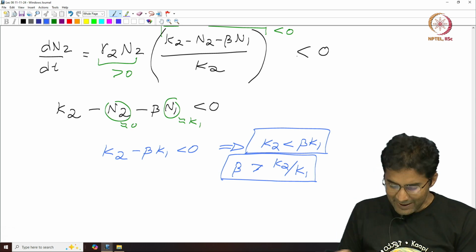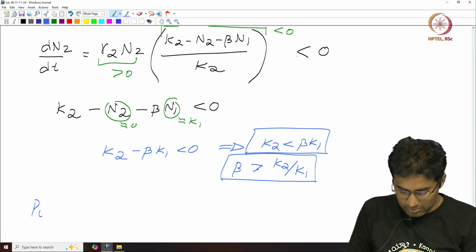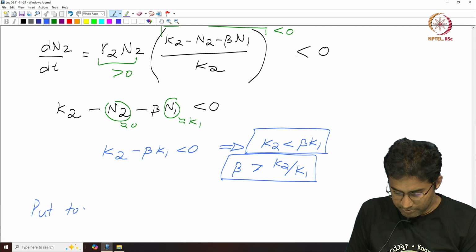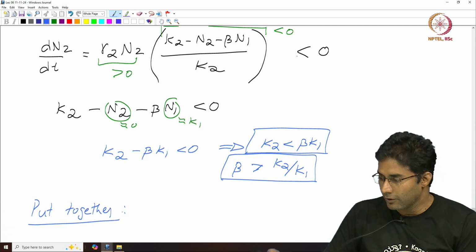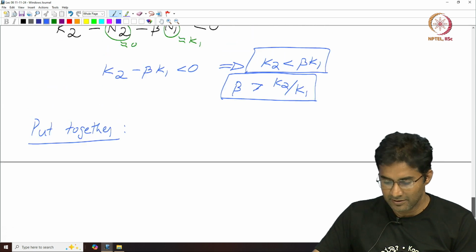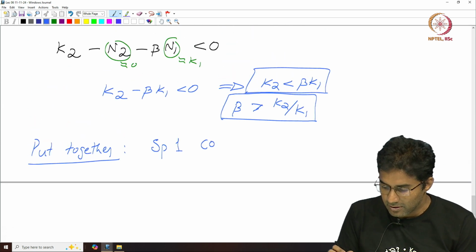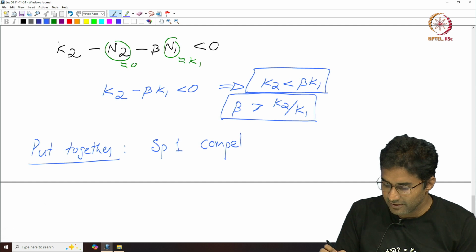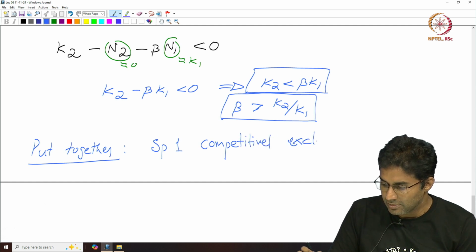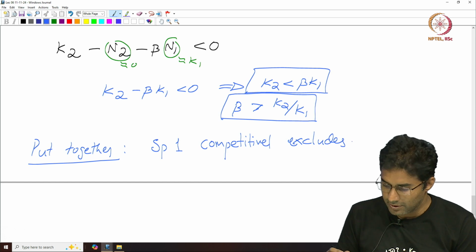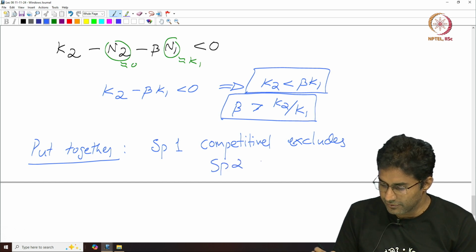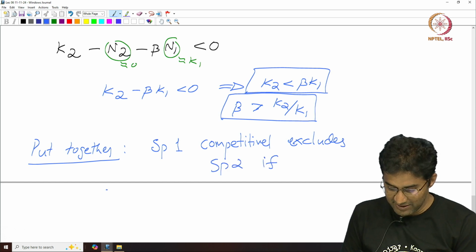So, basically put together, what do we find? Species 1 competitively excludes species 2 if two conditions are met.